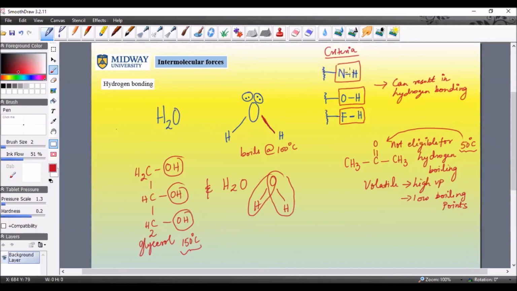Among these three, compounds containing nitrogen-hydrogen have a slightly lower boiling point than compounds containing oxygen-hydrogen, and then the ones containing hydrogen-fluorine. So a compound with nitrogen-hydrogen bonding will have the lowest boiling point, and among these three, hydrogen-fluorine will have the highest boiling point.